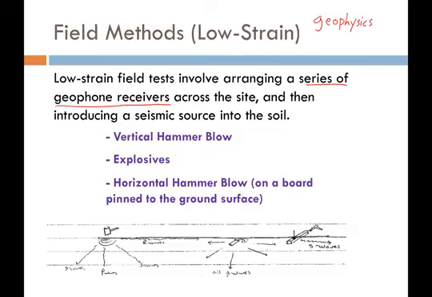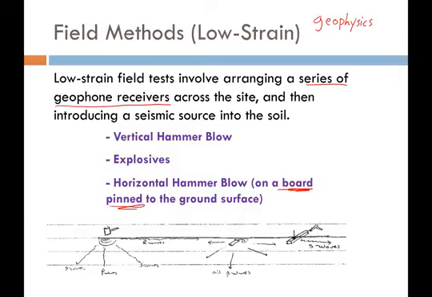And then we could also do a horizontal hammer blow. I've always wondered how this happened. I understand the vertical hammer blow, but how do you do a horizontal blow on the ground surface? Well, I learned how to do it. I saw the geophysicists put a board on the ground and pin it to the ground surface.